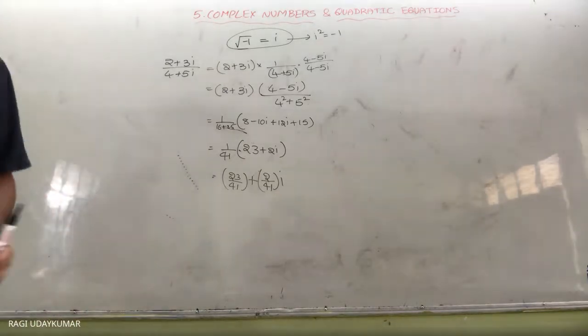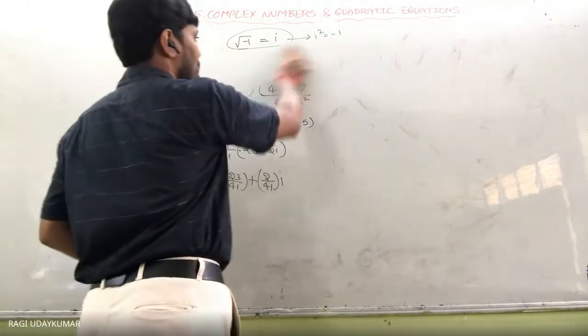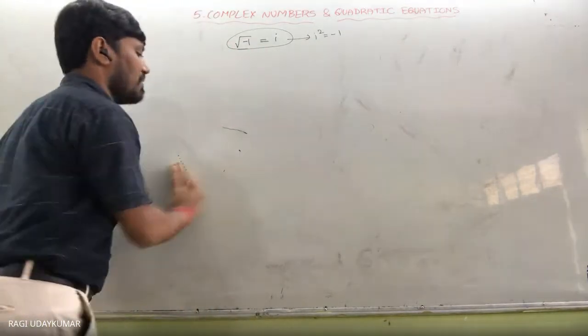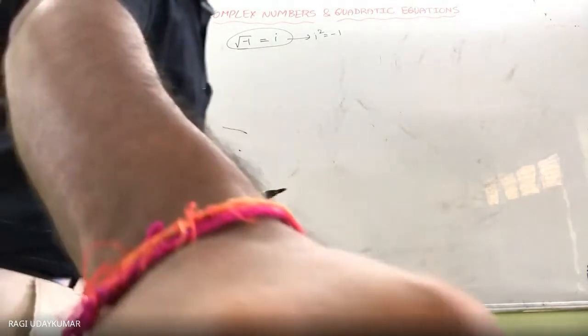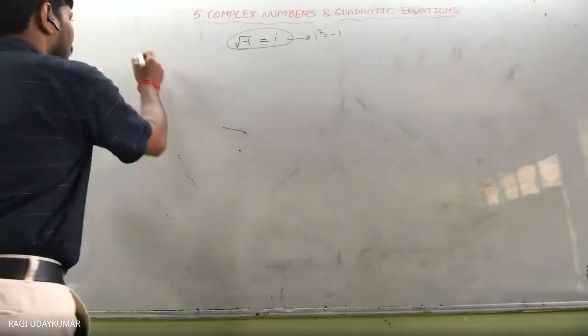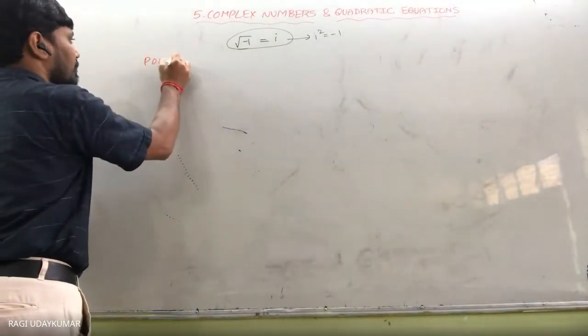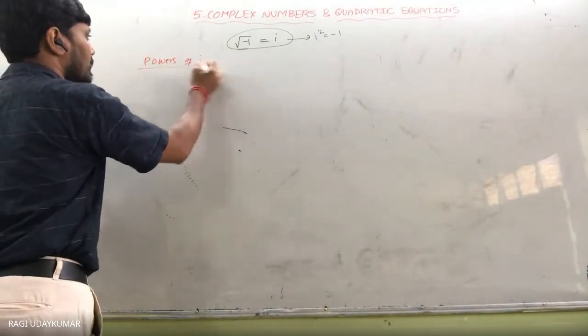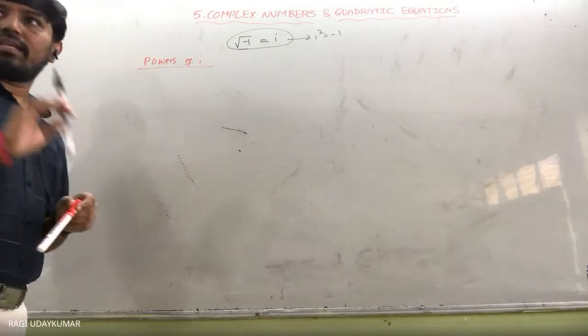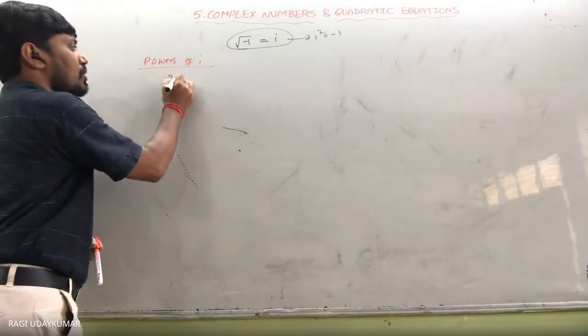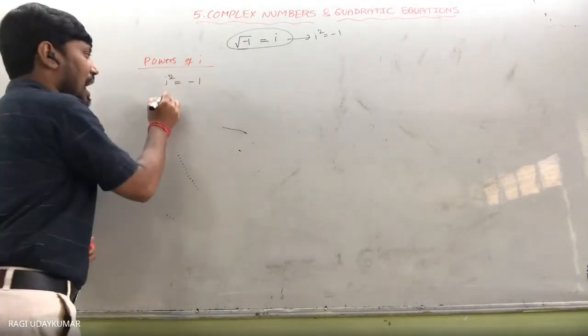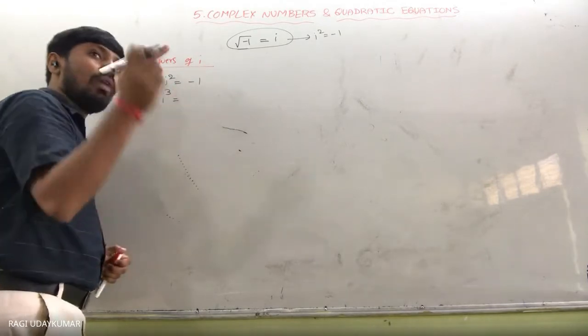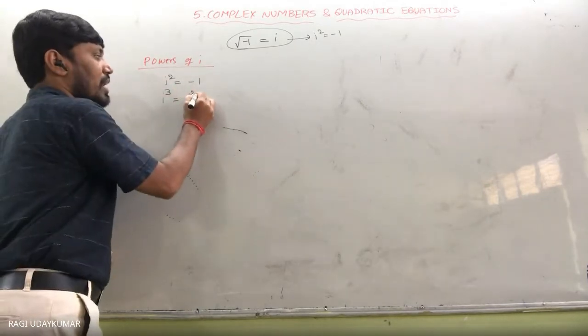And powers of i. About the powers of i: what are the different powers of i? Let us see here. So i square, you know that it is equal to minus 1. i cube is nothing but i square into i.